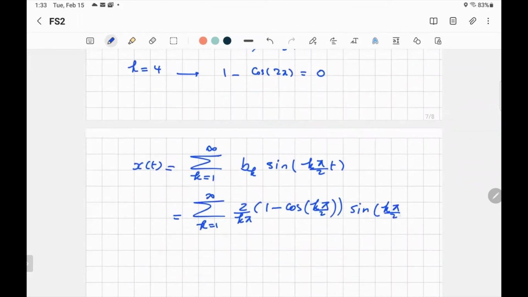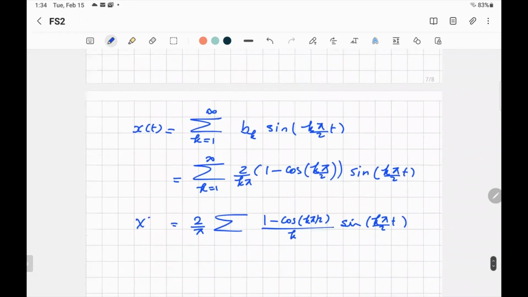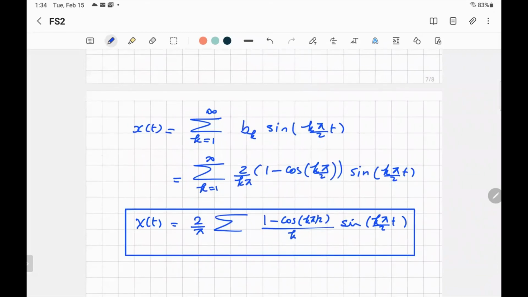Now I'll take 2 over pi as a constant, and I will leave 1 minus cosine k pi over 2 over k, sine k pi over 2 t. And that would be the expression for the signal in Fourier series from k equal 1 to infinity.